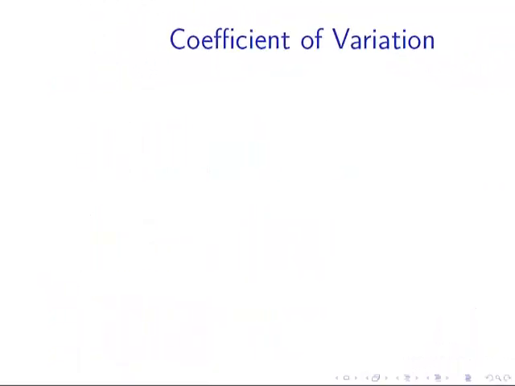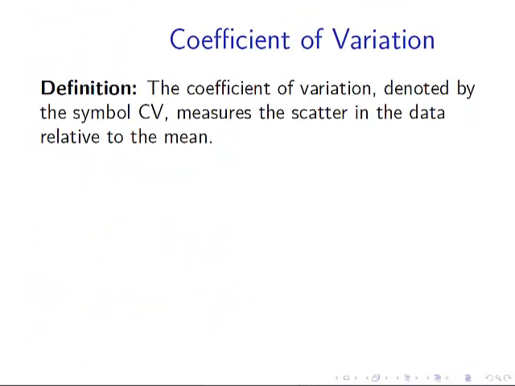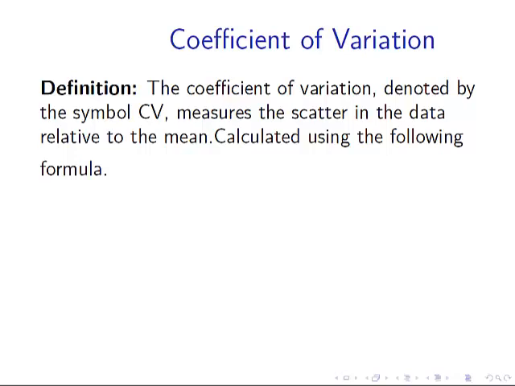The coefficient of variation, denoted by the symbol CV, measures the scatter in the data relative to the mean. As you see, they use the first letters of the words coefficient and variation to denote the coefficient of variation. It is calculated using the following formula.